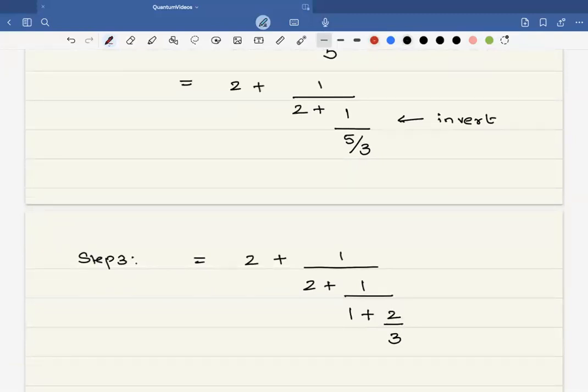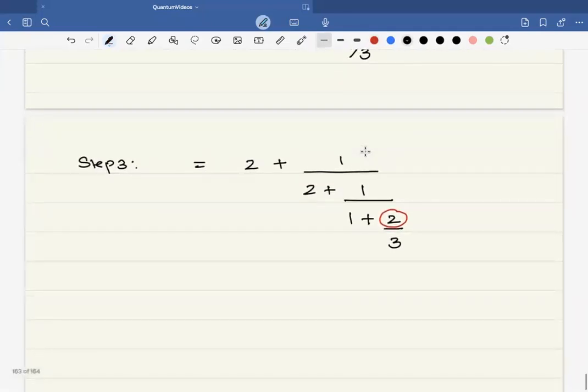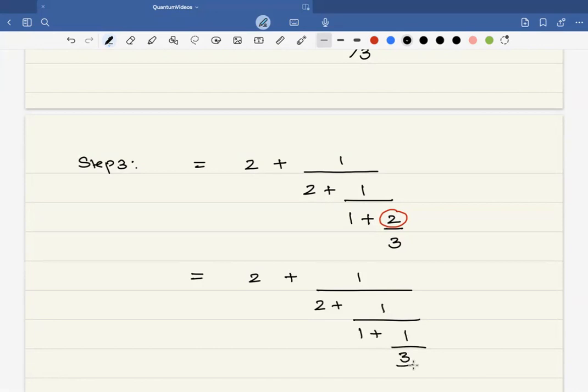And again, in the division step, we note down the numerator of the fraction. And then the invert step is 2 plus 1 over. So this is the divide step, and this is the invert step.